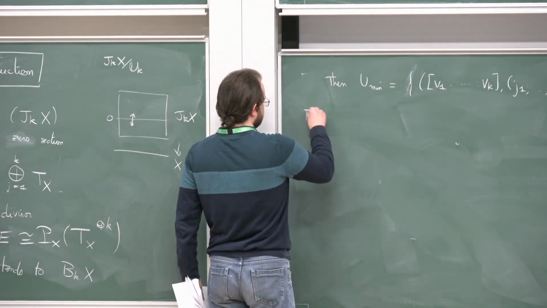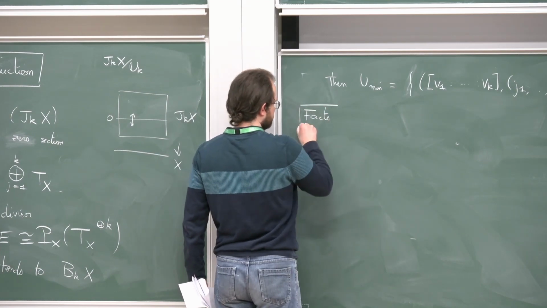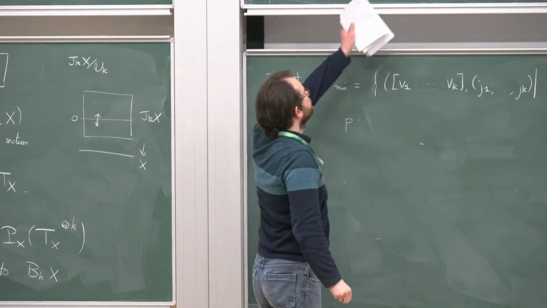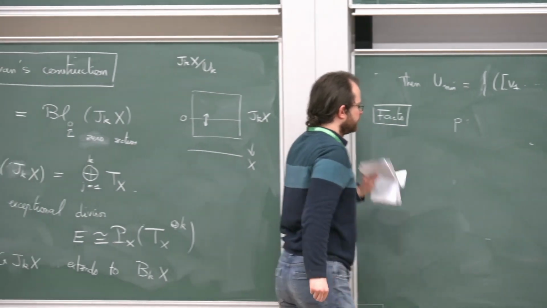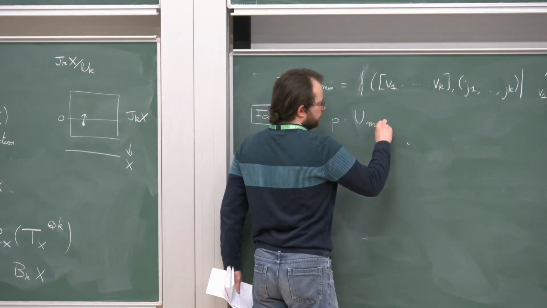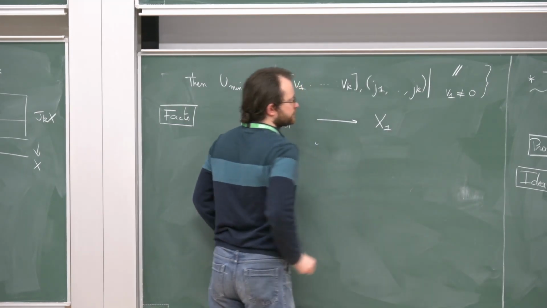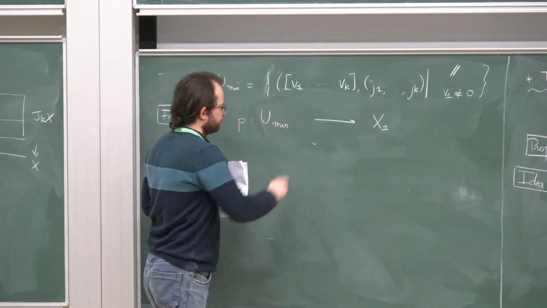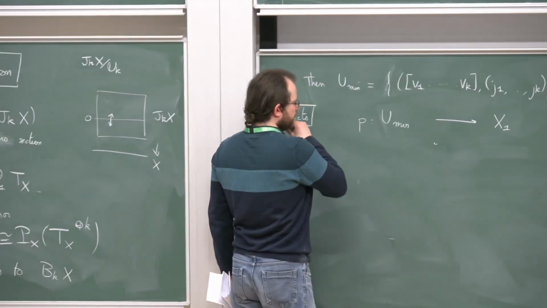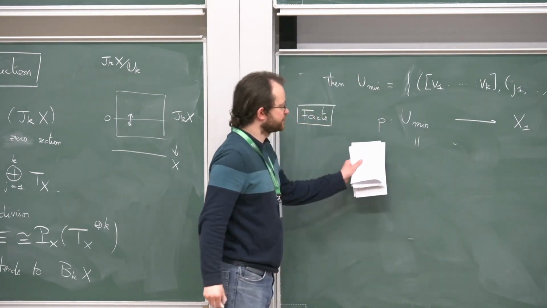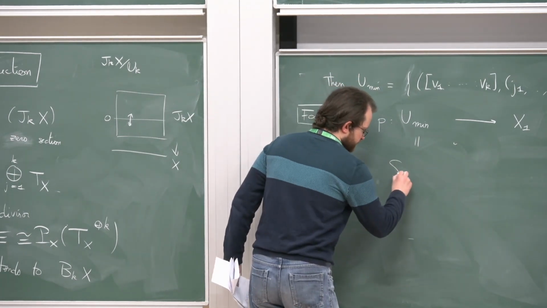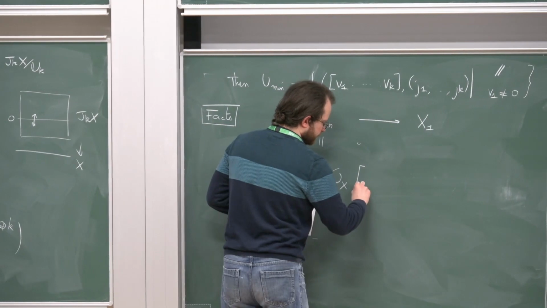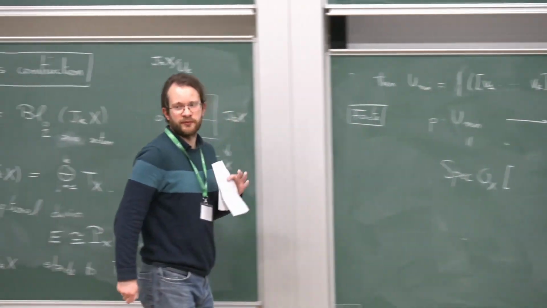Okay, so maybe let me give you a little bit more facts. So I have this morphism P, which started from Bk and was going to E. If I restrict it to U mean, I find a morphism toward X1, which of course is given by the projection of all this to the V1, which is non-zero. And also, U mean, in the standard charts for the blowing up, you can write it as locally over X, say, as the spectrum of some algebra.